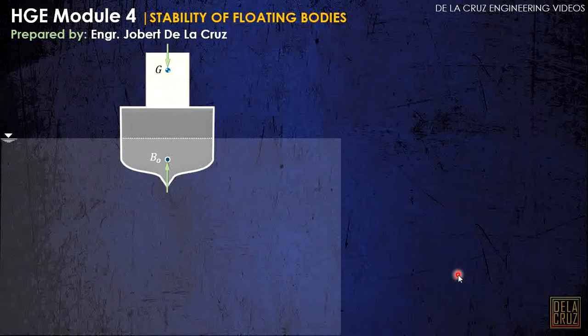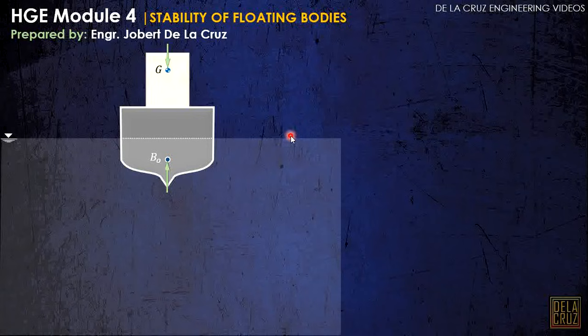Now, okay, so let us just discuss another situation. Okay, so imagine, if we have a ship, then may cargo tayo, may karga, the center of the gravity will also shift, no? It depends on the weight talaga ng ating material dyan. It will be, for example, it will shift in this position.